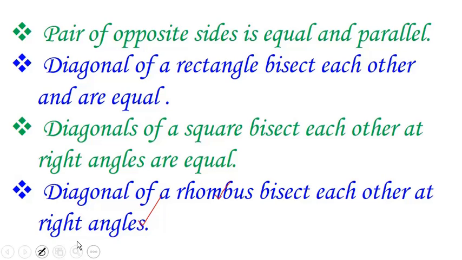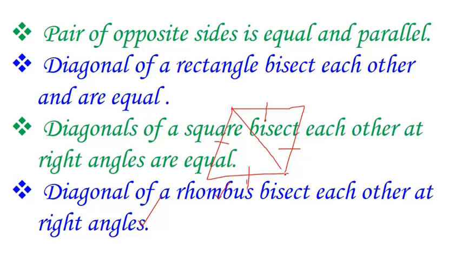So the figure of a rhombus is in this way. Let's see here. This is the figure of a rhombus. Each side is equal. So we join the opposite vertices, and when we join the opposite vertices, we get the diagonals. So the diagonals intersect each other at this point.